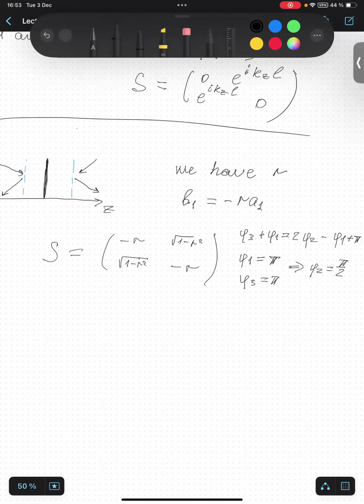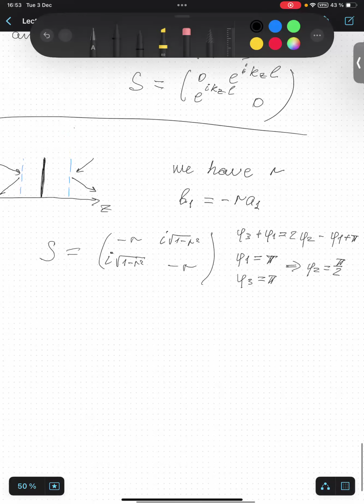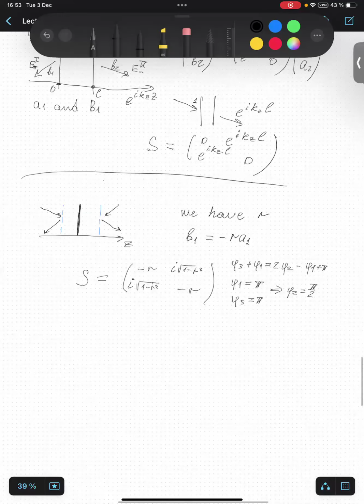What does it mean? Why do we have imaginary part in all diagonal elements before transmission coefficient? Yes, exactly. It means that here we have i. This is our phase for these components. So it is the case of a semi-transparent mirror.